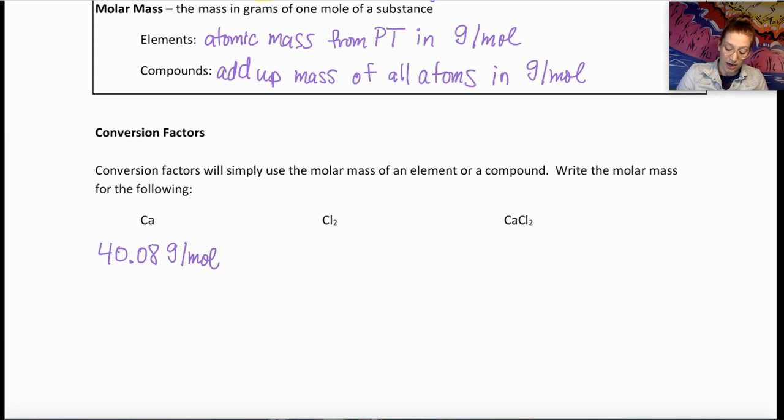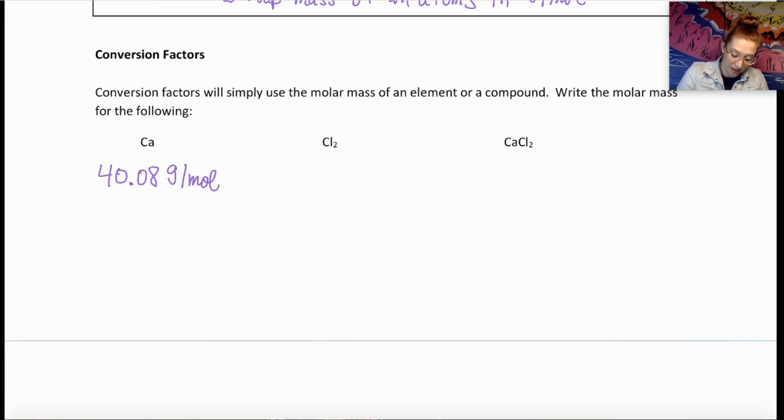Okay, so if we're going to write that as a proportion, that would be 40.08 grams of calcium in 1 mole of calcium. Okay, these are always for 1 mole.